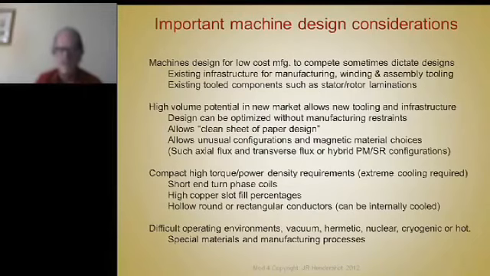So, to summarize our machine design considerations, we certainly have to always consider manufacturing, and many times that dictates the design. An obvious example is that for low-cost manufacturing, the manufacturing people, purchasing people, and sometimes management want to use cheap magnets and cheap laminations, and they want real low slot fills of copper in the windings to make it easy to wind and not have any failures and have a very high throughput.